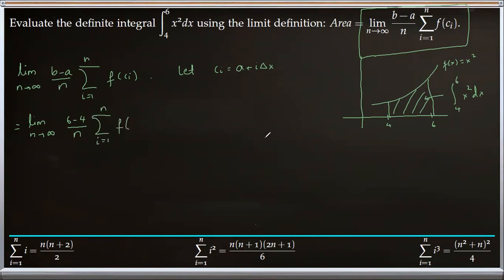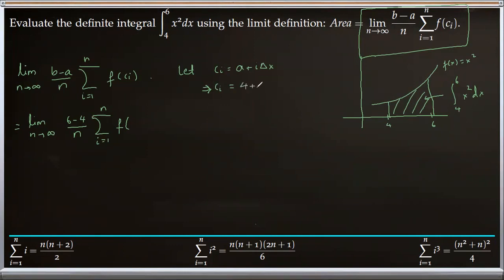So we'll first figure out what Ci looks like and then plug that in here. Here we are using the right endpoints. So we have the formula Ci equals a plus i delta x from our previous slide.